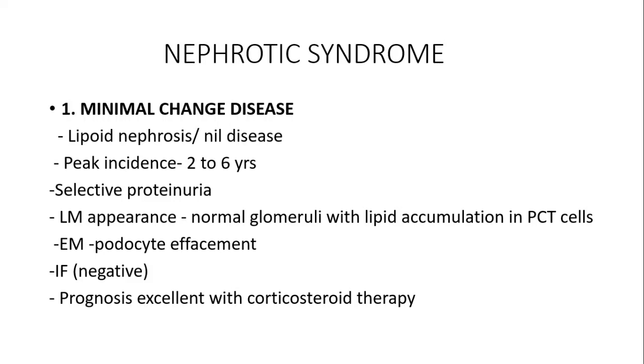Immunofluorescence is negative. So only electron microscopy can diagnose. But in our infrastructure where we do not have an electron microscope, where we do not have such advanced facilities, presentation of nephrotic syndrome with exclusion of other conditions, we can label it as minimal change disease.